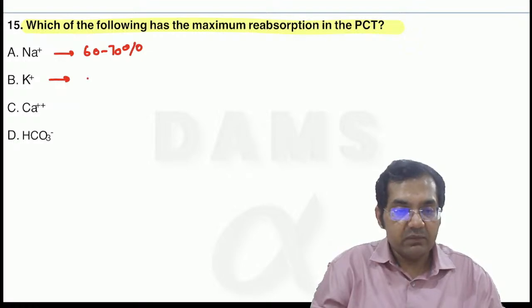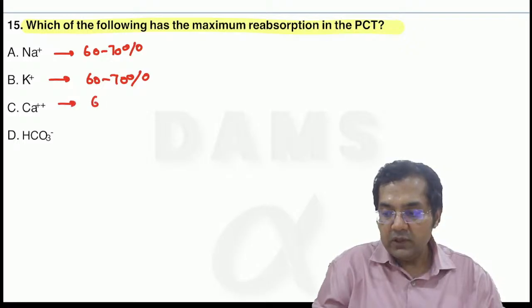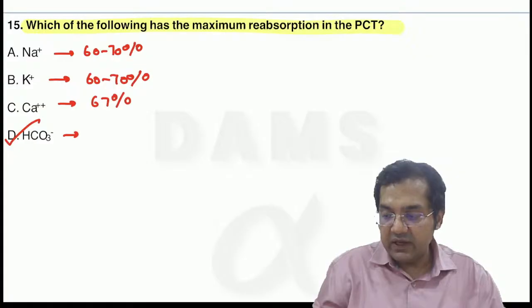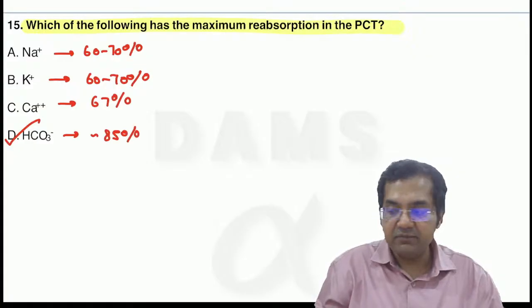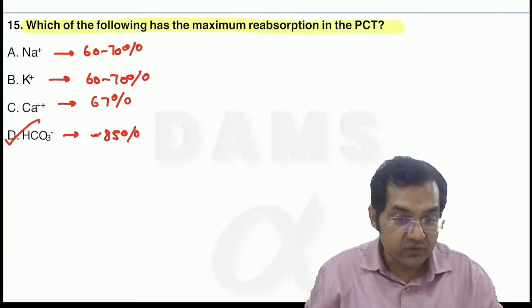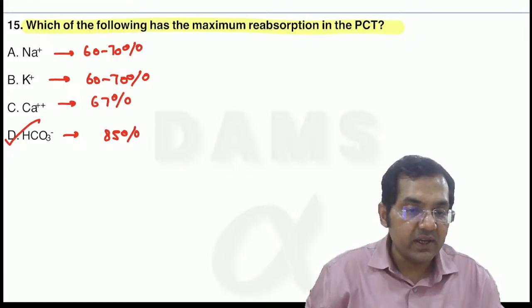Potassium again is around the same value. Calcium is around 67. But bicarbonate is the answer, because approximately 85% of the bicarb is reabsorbed in PCT, right? So the answer is not sodium. That is why I have given you this question here, right? 85% of the bicarbonate is reabsorbed in PCT, right?